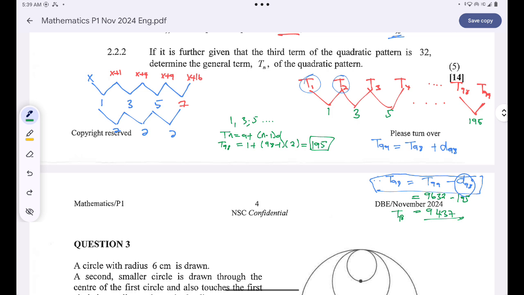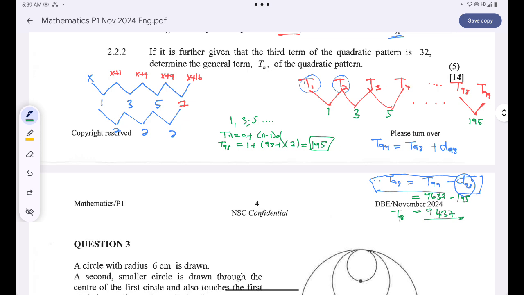Remember that the first term of the first difference is between the first two terms. The second term of the first difference, or rather T2 of the first difference, is between T3 and T2 of the quadratic. The third term is between T4 and T3.